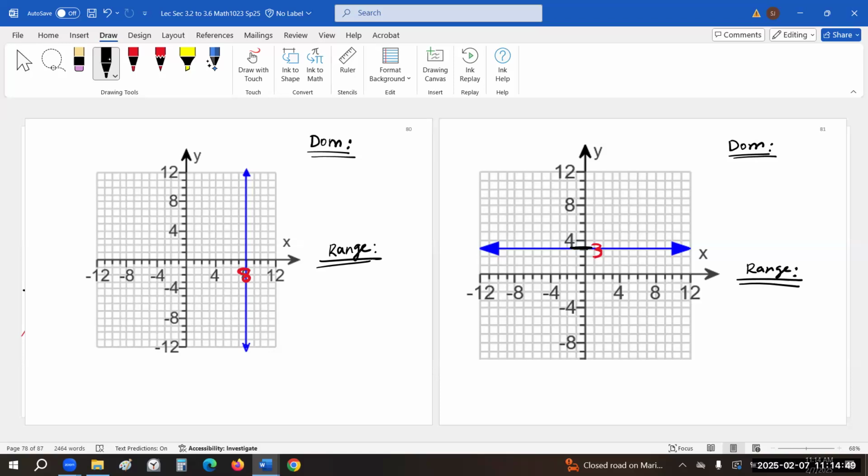Domain also can be one number. It doesn't have to be an interval. It can be one number or it can be an interval of numbers.